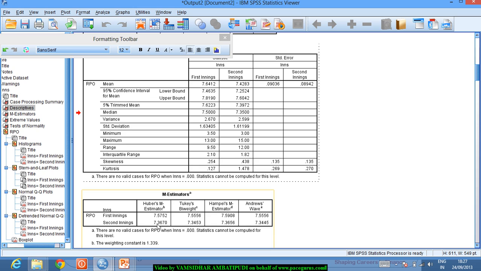Whereas if you look at the second innings, 7.36, 7.34, 7.36, 7.34. Almost all of them are very, very close to the median. You observe the difference between these two.